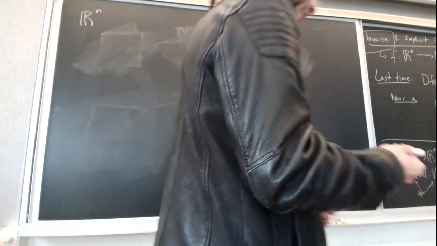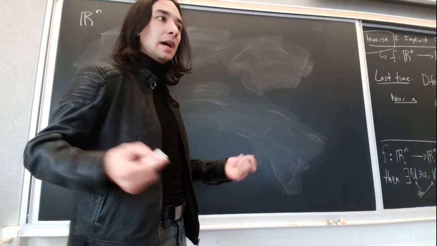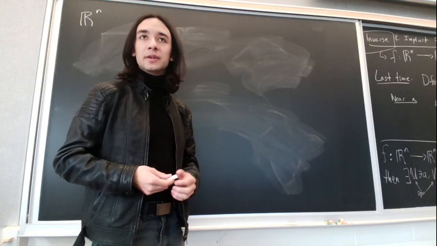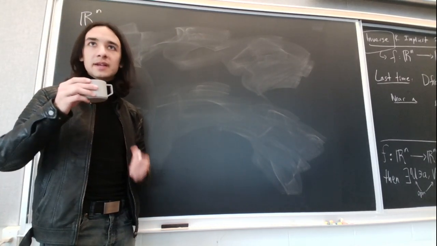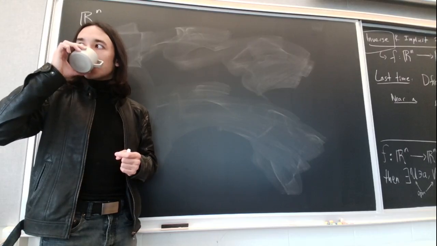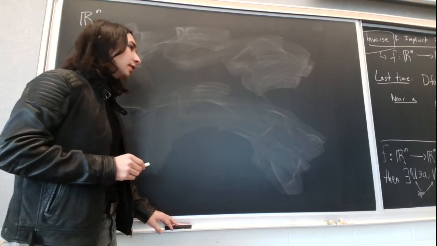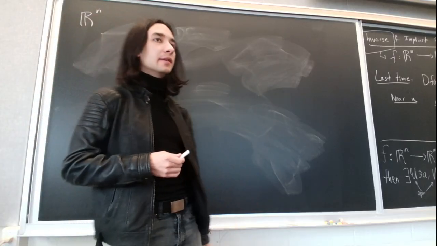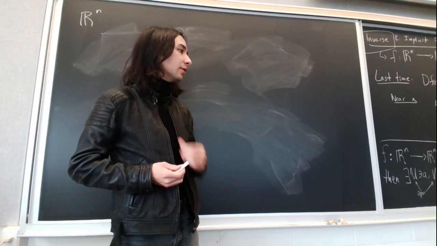And now we can ask ourselves a very natural question: what if the kernel is actually non-trivial? What happens then? If there are non-zero vectors that get sent to 0, what can we say? Specifically, we expect the function in many cases not to be injective or invertible anymore.